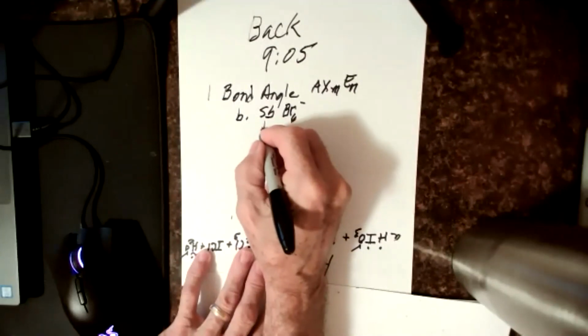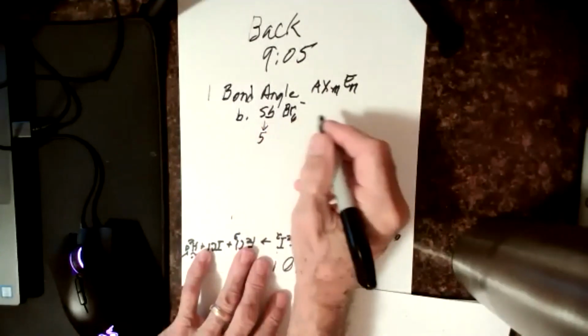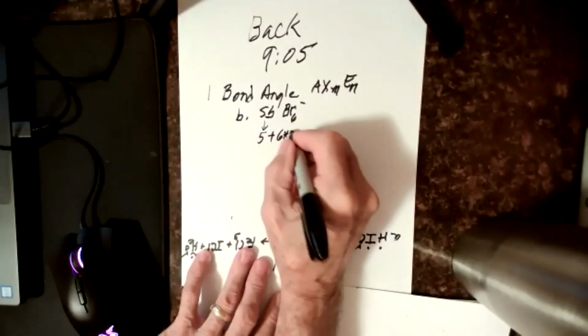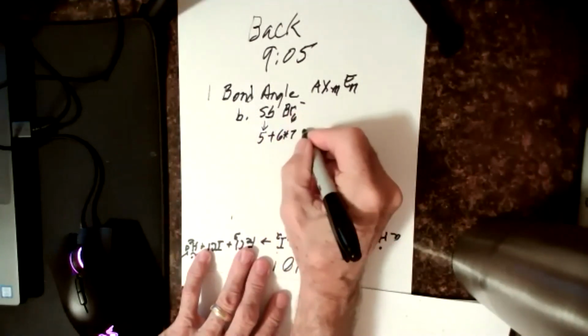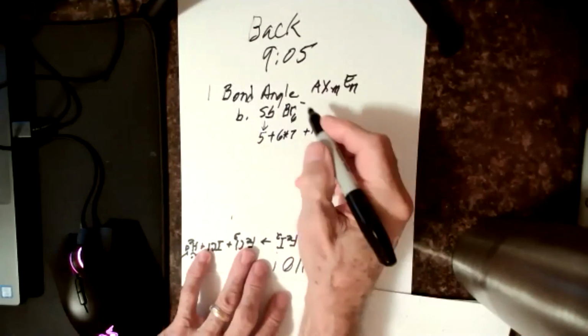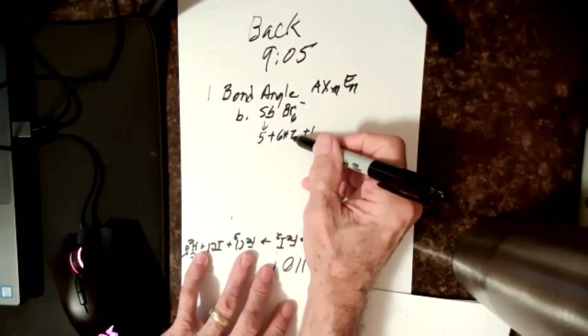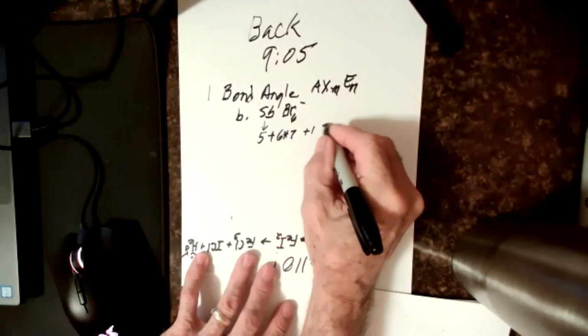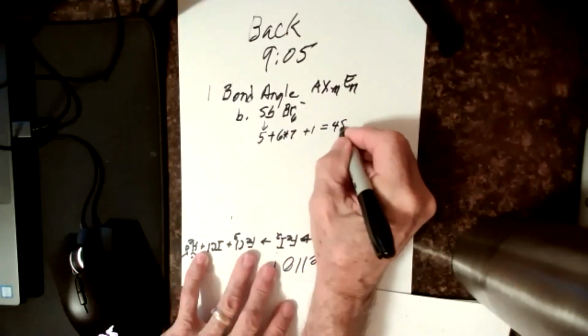Antimony is in group 5, so it's 5 valence electrons. We've got 6 bromines, and they're in group 7. And we've got a negative charge, so we're going to have to add 1. So 6 times 7 is 42, plus 1 is 43, plus 5 is 48. So we've got 48 valence electrons.